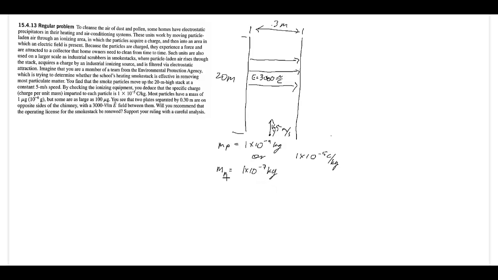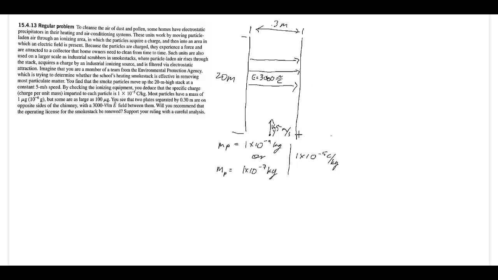In other words, when you ionize something, you give something a charge. So this charge is 1 times 10 to the negative 5th coulombs per kilogram that it ionizes it with. So we would have to find out what the kilograms are and then multiply these two to figure out what the actual charge on the particles is going to be, so that we can then figure out later on what happens.